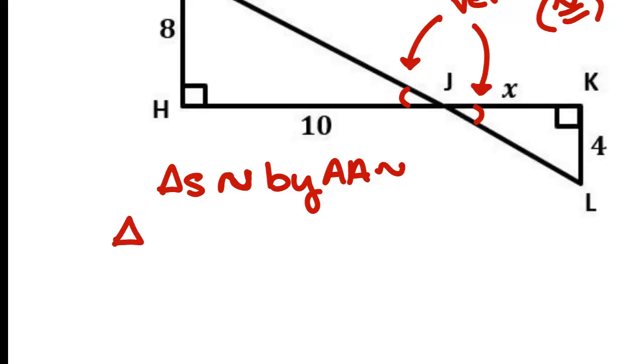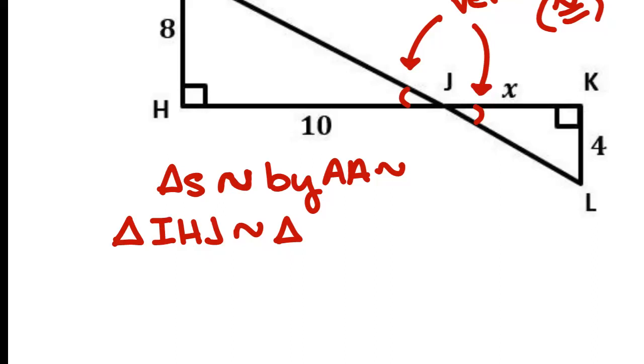Now let's write the triangle similarity statement. Let's call the first one IHJ. We have to be careful how we name the second one. Angle I doesn't have any congruence markings on it at all. That would have to correspond to which angle on my other triangle?